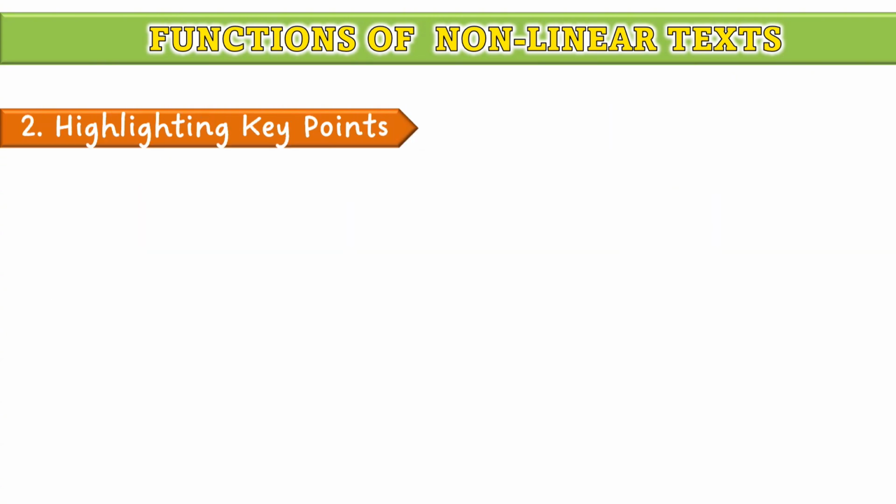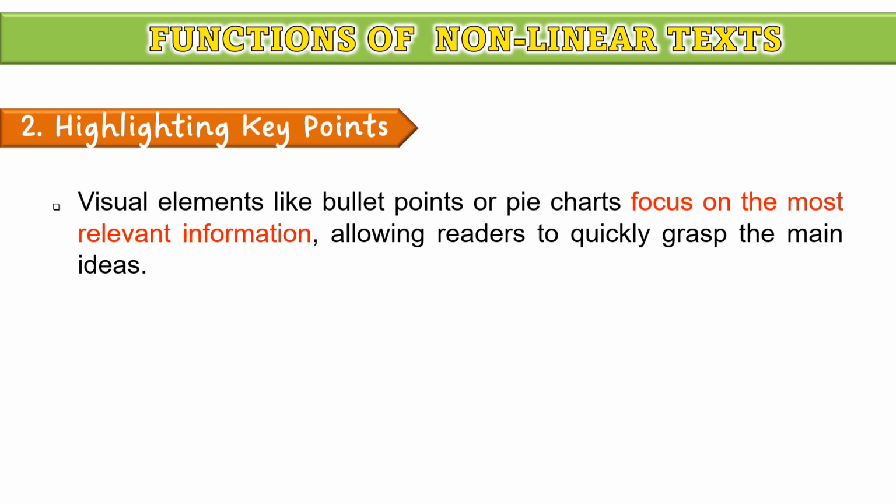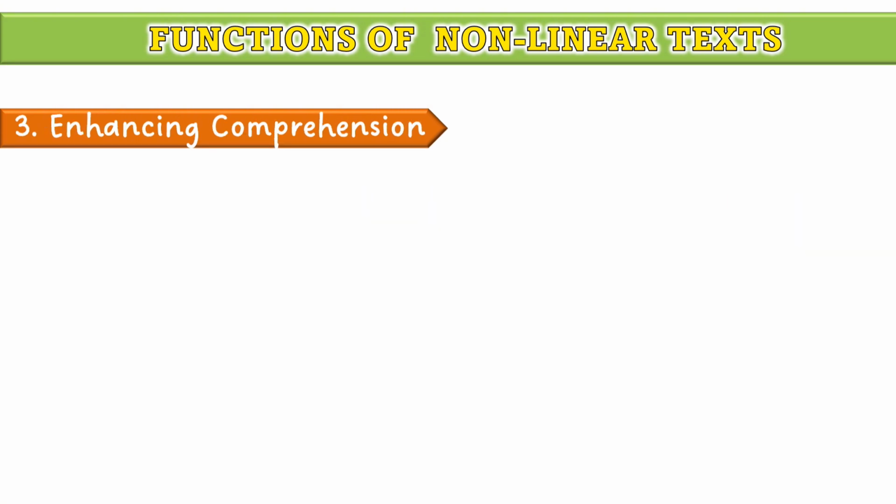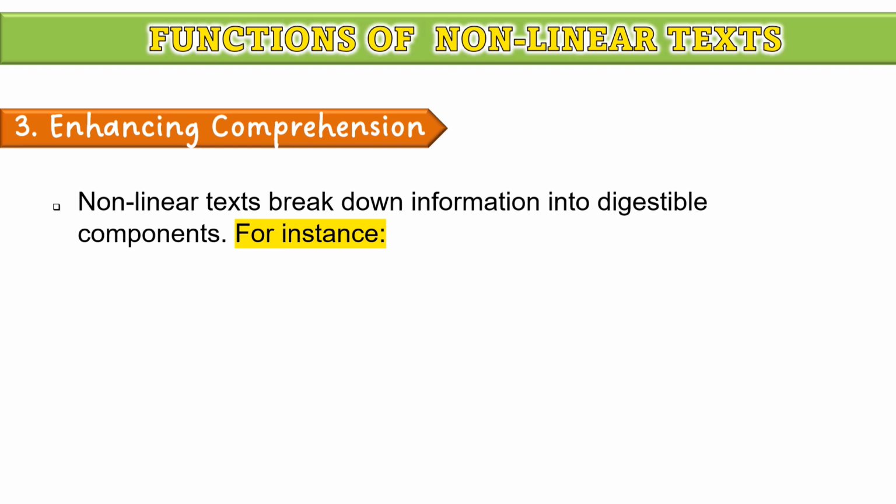Number 2. Highlighting key points. Visual elements like bullet points or pie charts focus on the most relevant information, allowing readers to quickly grasp the main ideas. In journalistic text, they often complement the narrative by spotlighting critical facts or figures. 3. Enhancing comprehension.